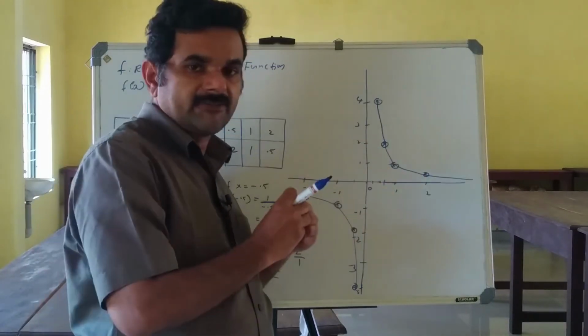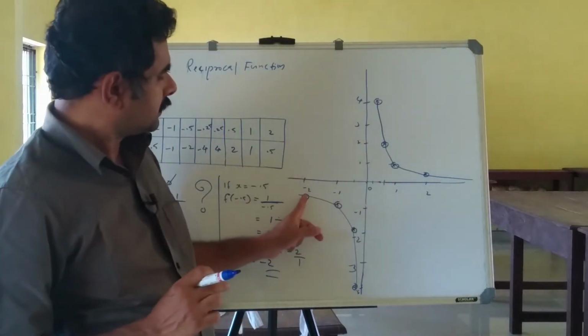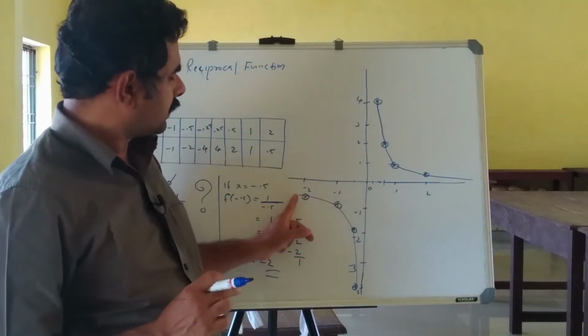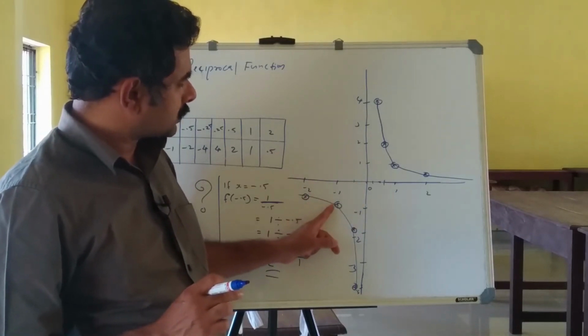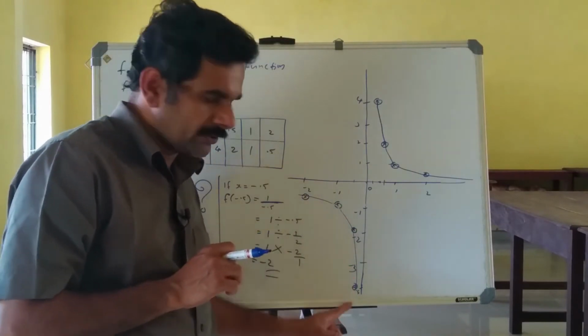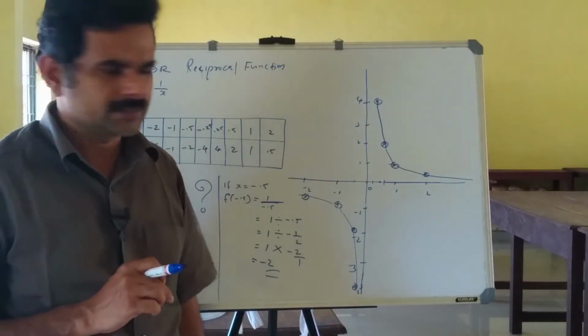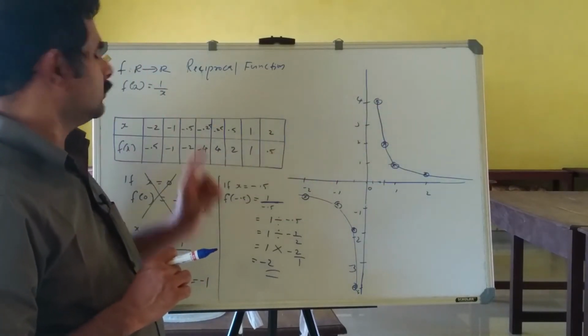This graph deviates from the point 0. See here, this is not approaching towards 0. When this graph is moving towards 0, it does not focus on 0. It is deviating from 0 and continues its path. Right. So these are the graphs of f of x equal to 1 by x.